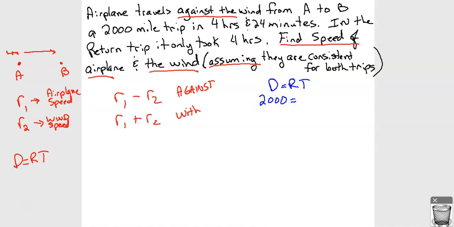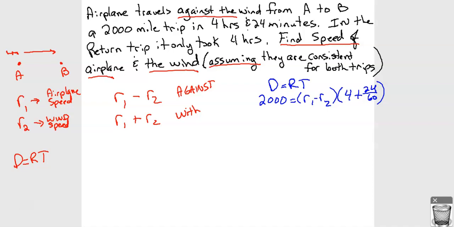And the rate going from A to B, again, he's going against the wind, so this is the rate R1 minus R2. And the time, we know that it took 4 hours and 24 minutes. So basically, 4 hours plus 24/60ths. So that's my first equation I'm going to set up.